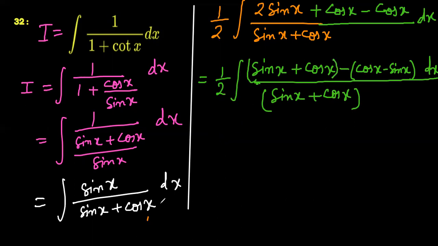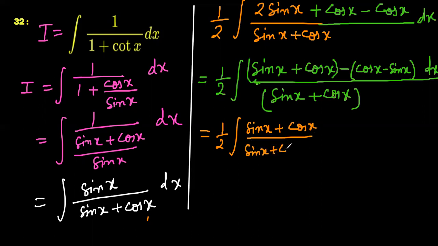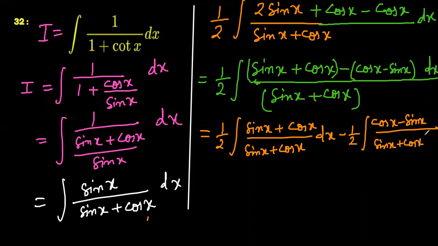This now looks like 1 by 2 times the integration of (sin x plus cos x) divided by (sin x plus cos x) dx, minus 1 by 2 times the integration of (cos x minus sin x) divided by (sin x plus cos x) dx.